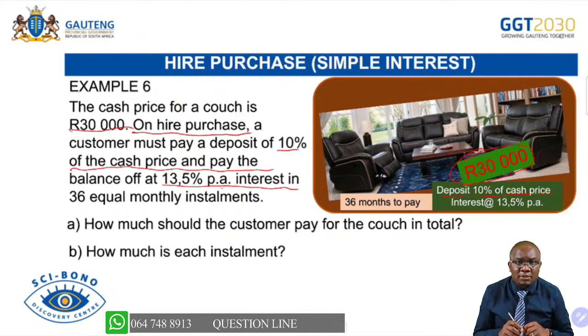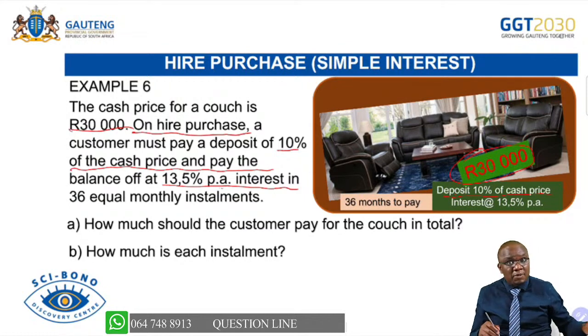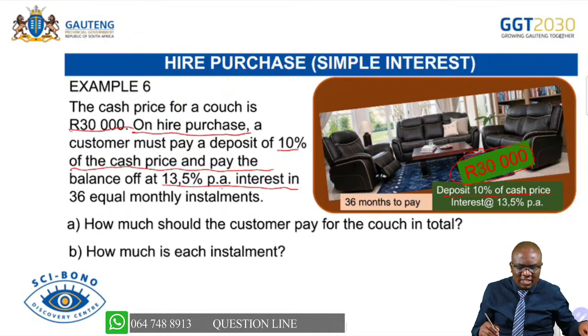What is the price of the couch? 30,000. After paying 3,000, how much am I still owing? I'm now owing 27,000. So I can't be charged interest on 30,000 because I've paid some of it. So I'm going to be charged on what I've taken as a loan, which is 27,000. So I'm going to be charged interest on 27,000.